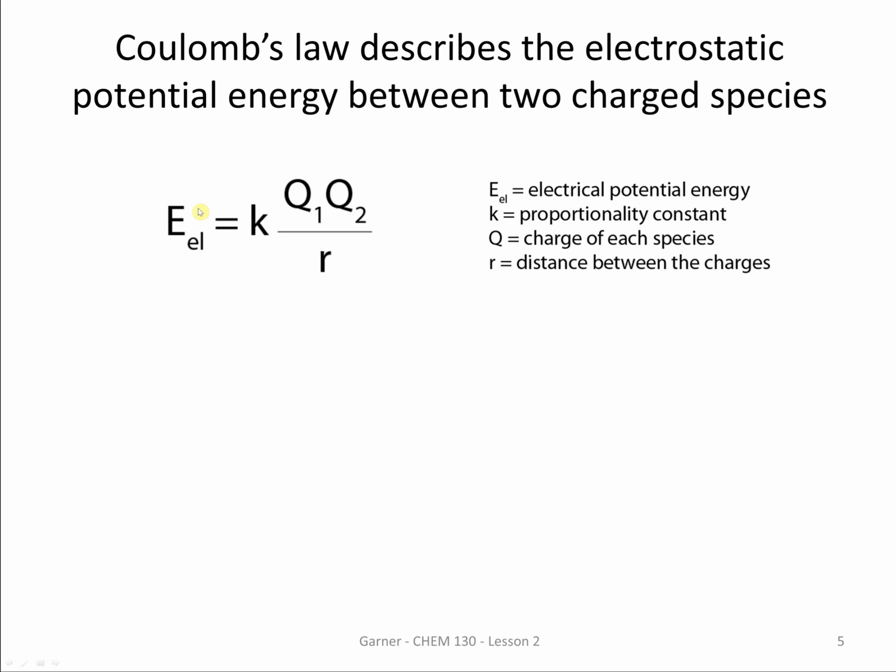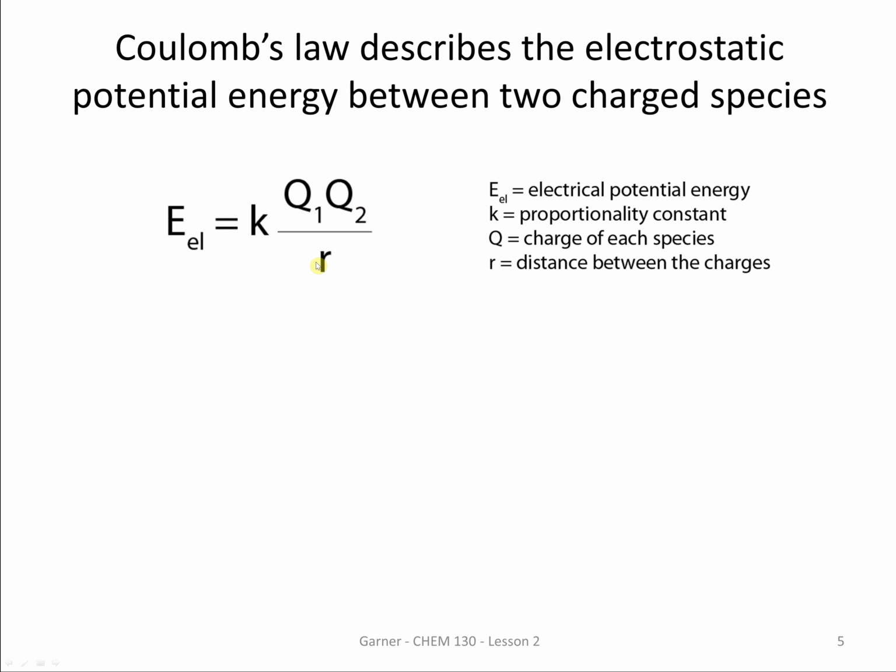So here our electrostatic potential energy, E sub EL as we've abbreviated it, is equal to a proportionality constant K. Don't worry what the value of K is, you're not going to need to know it, at least not in this course, times the charges of the two species that are interacting, so Q1 and Q2 represent the charges of the two interacting species. For example, if these were a proton and an electron, Q1 might be positive 1 and Q2 would be negative 1.